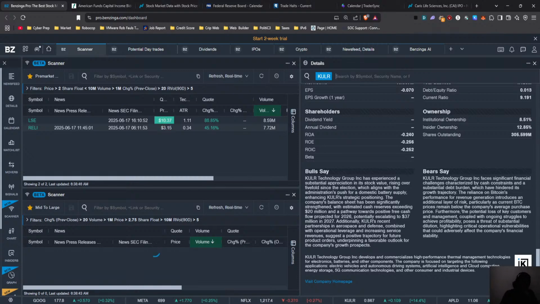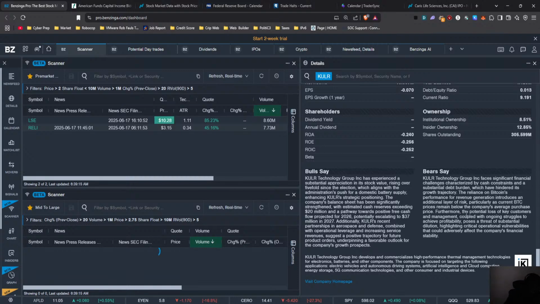Bears say KULR Technology Group Inc. faces significant financial challenges characterized by cash constraints and substantial debt burden, which have hindered its growth trajectory. The reliance on Bitcoin's performance for revenue generation introduces an additional layer of risk, particularly as current Bitcoin prices remain below the company's average purchase price.